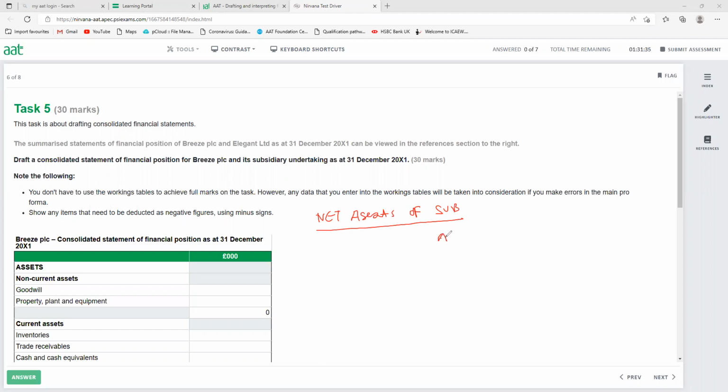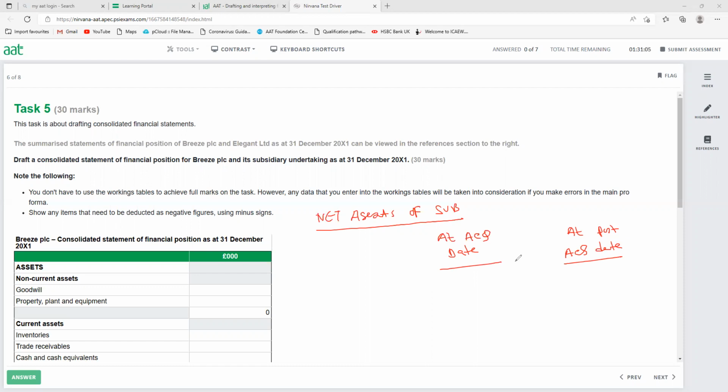The first is at acquisition date, the date of acquisition, when you buy the subsidiary, and the second is post acquisition date. Post acquisition date means at the year end date, after one year.